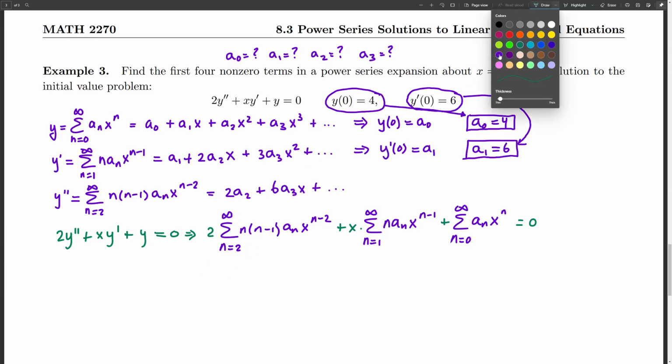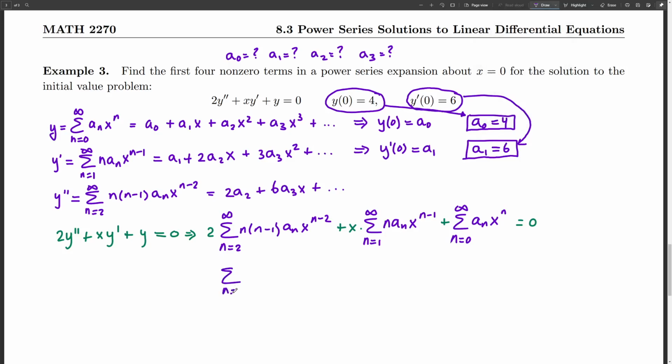The first power series is the sum from n equals 2 to infinity of 2 times n times n minus 1 times a sub n x to the power n minus 2, plus the summation n equals 1 to infinity of n times a sub n x to the power n, because x to the power 1 times x to the power n minus 1 gives us x to the power n, plus the summation n equals 0 to infinity of a sub n x to the power n, and that equals 0.